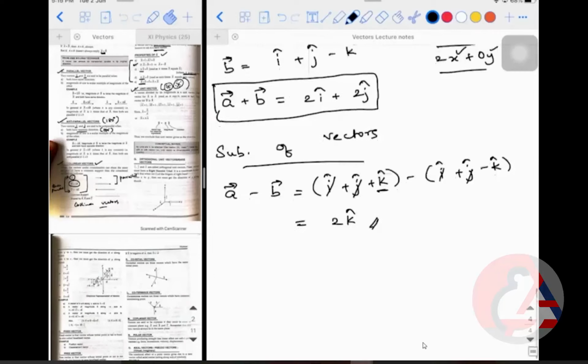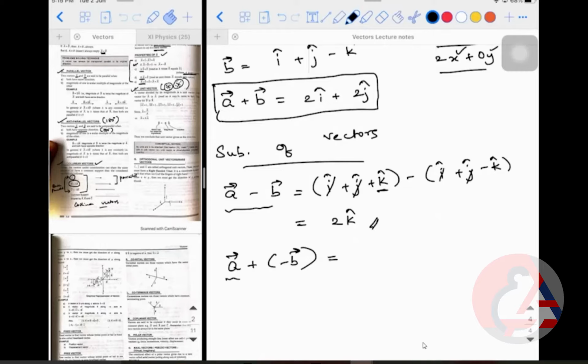Okay. So I'm going to explain the subtraction of vectors in a different concept. Please listen to it. If I say two vectors are being subtracted, I will say a vector is getting added to the negative of the other vector. Can I write it like this? I'm repeating it again. A vector minus b vector is the same as writing a plus of minus b vector. They both mean the same because plus into minus is going to be a minus.